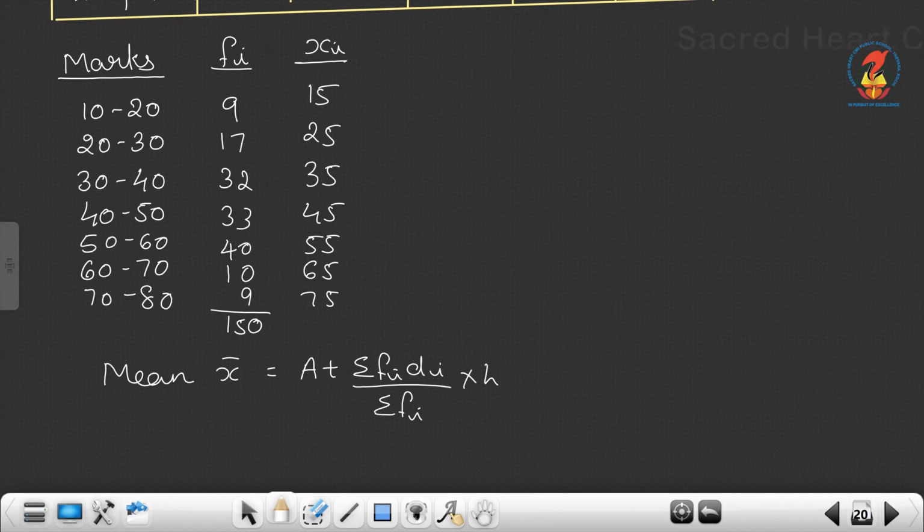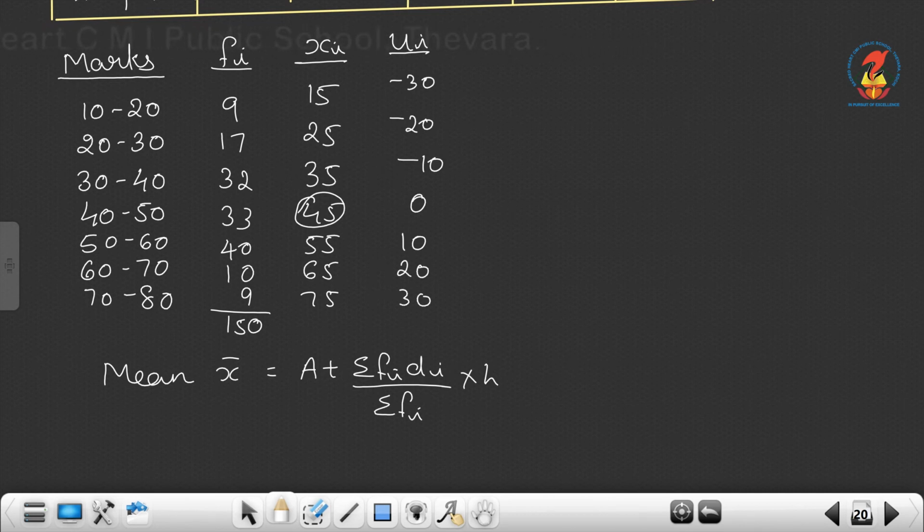Then take the mid value 45. So ui is equal to xi minus 45, that is minus 30, minus 20, minus 10, 0, 10, 20, 30. Then di means ui divided by the common factor. Which is the common factor? 10. We can divide by 10. So minus 3, minus 2, minus 1, 0, 1, 2, 3.